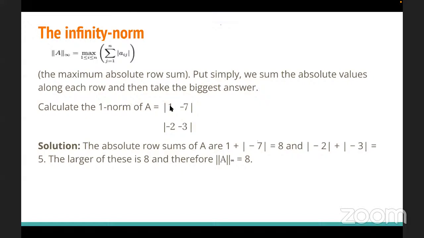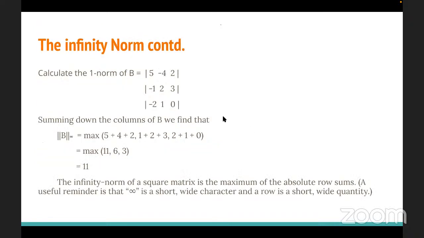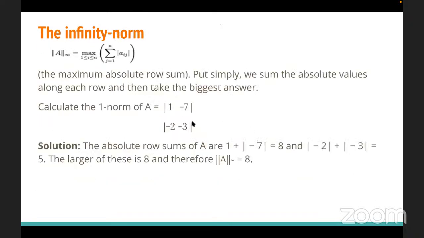So instead of 1 and minus 2, we're going to be summing 1 and minus 7. 1 and minus 7 gives 8, and minus 2 and minus 3 gives 5. Don't forget we are using the absolute value: the absolute value of minus 2 is 2, and of minus 3 is 3. So 1 plus 7 is 8, and 2 plus 3 is 5. The norm of this matrix using the infinity norm is 8.